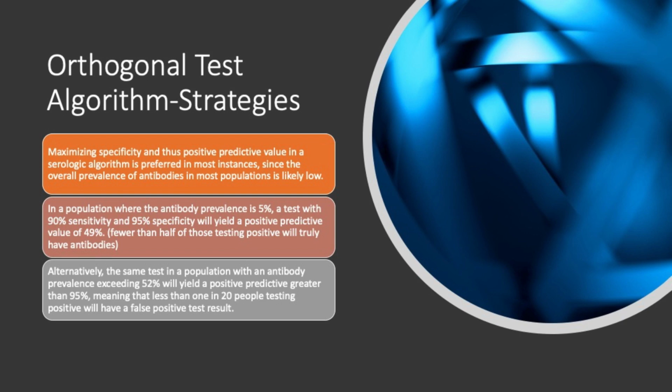So it's very important to understand that an antibody test may be specific for COVID-19 or may not. We can pick up antibodies in any sort of response to an antigen. That's why an antibody test is not diagnostic, but a PCR is diagnostic.